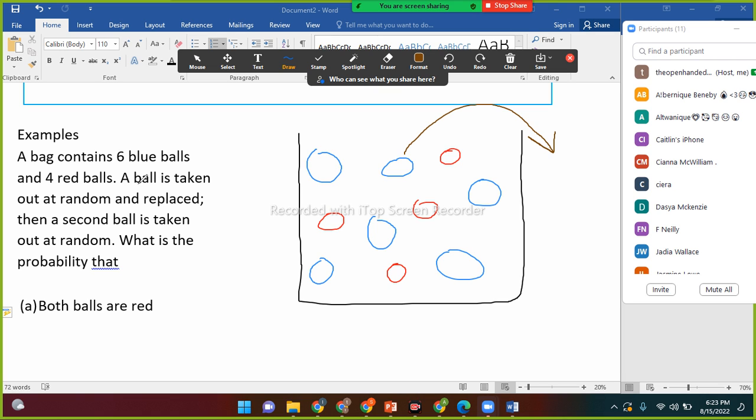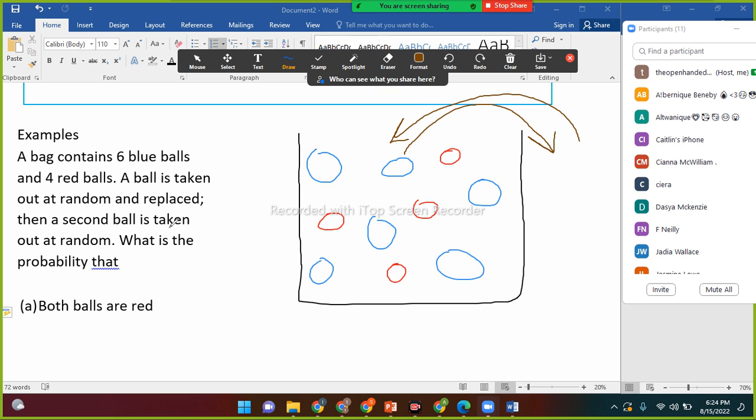So we take one ball and then we put it back. All right. And then we take a second ball. So in total, we would have essentially 2 balls being taken out. 2 balls are taken out from this bag for each outcome.